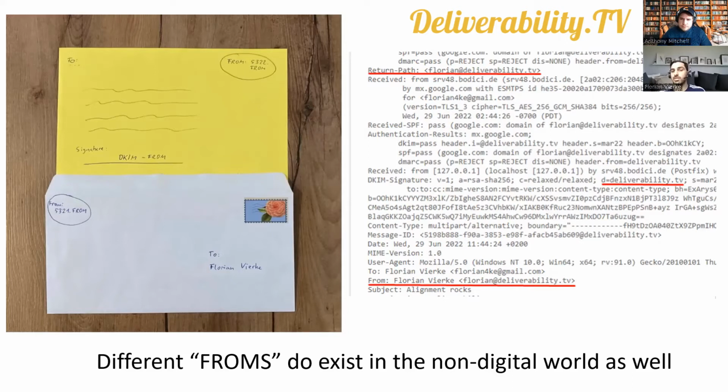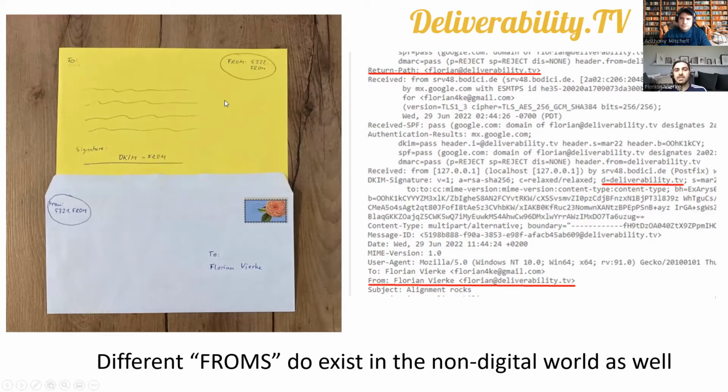Technically, it's possible to have different domains, and at least some of the huge providers always sign with their own return path domain. That means the technical sender says, here we are, the mailbox provider, and just in the content you can tell who you actually are.